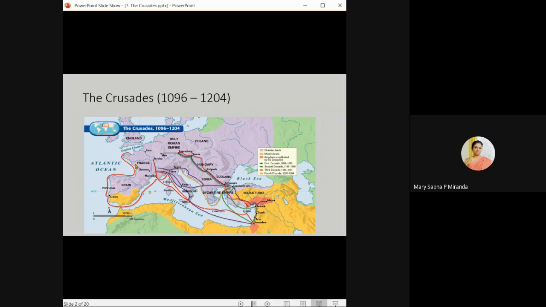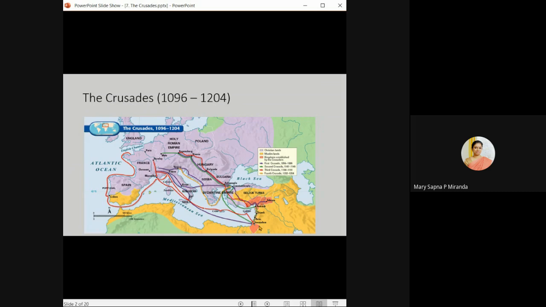From here different people, different rulers, traveled all the way to the Holy Land. Jerusalem is here, Acre is here, Tripoli is here, right? They traveled all the way to this land in order to defend it from the onslaught of Muslim rulers.